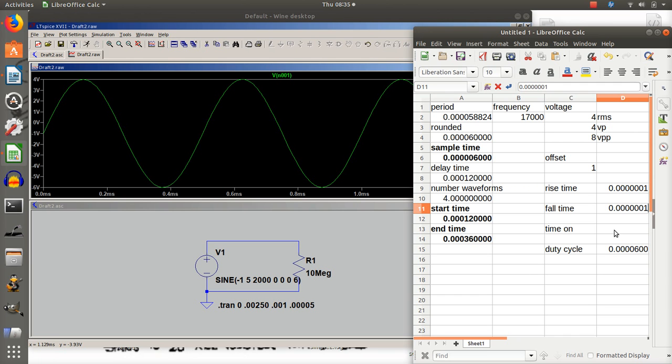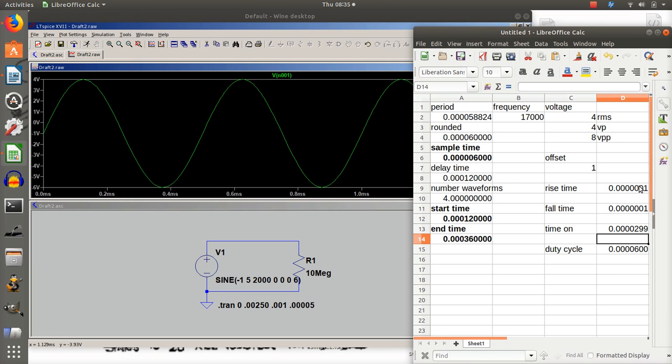So my time on is 0.0000299. So 299 plus 1 is 300, which is half the 600, which is my total duty cycle.